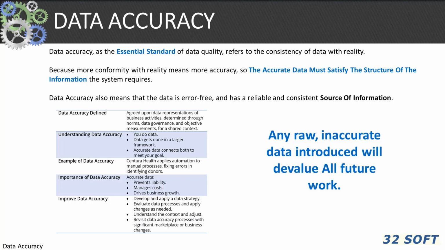You must define your accuracy and understand what it is, where it comes from, and how to continue to improve it through measurement. Remember, any inaccurate raw data introduced into a system will devalue all future work and cause extra resources to be spent discovering, analyzing, and purging the inaccurate data from the system.